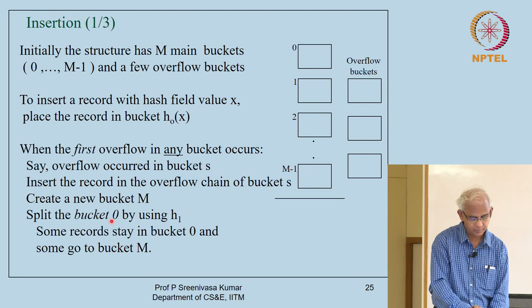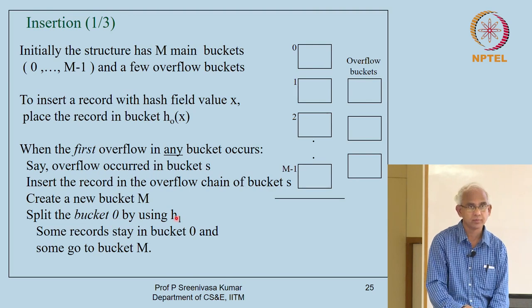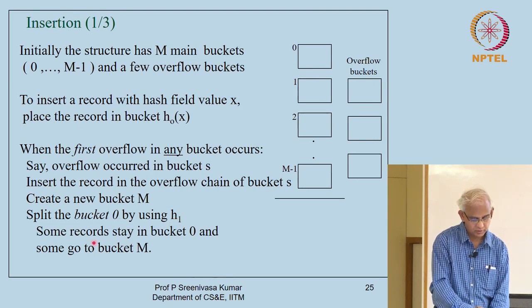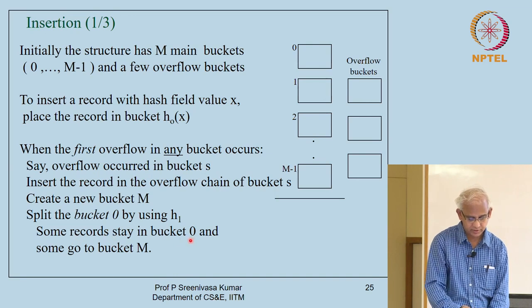Split the bucket 0 by using H1. So, some of the records will stay in bucket 0 and some will go to M.